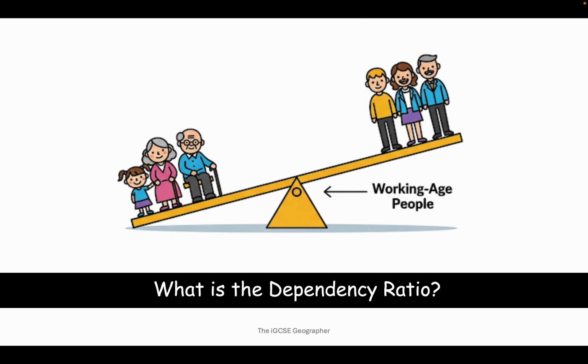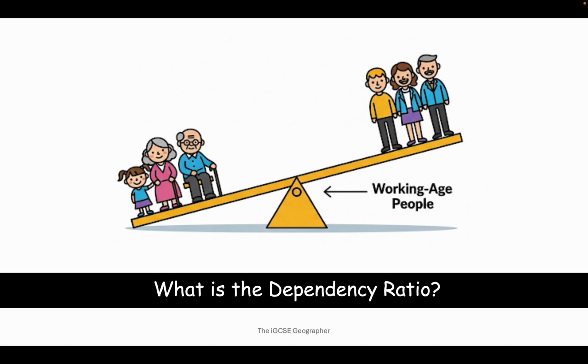Starting with the young dependents, these are children aged 0 to 14 who are still in school. And as you can see on the right of this seesaw or scale, we have the working age people or the economically active people.